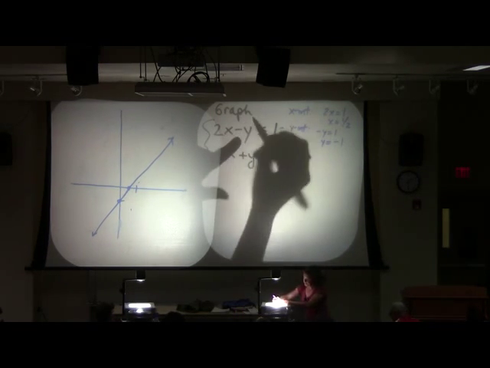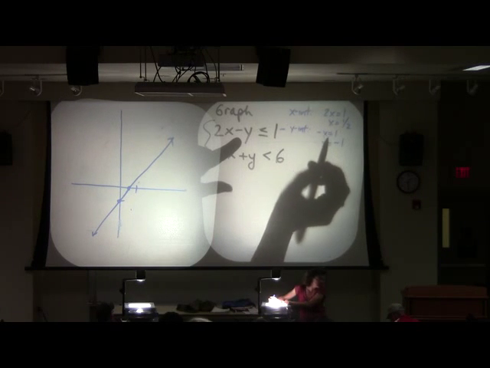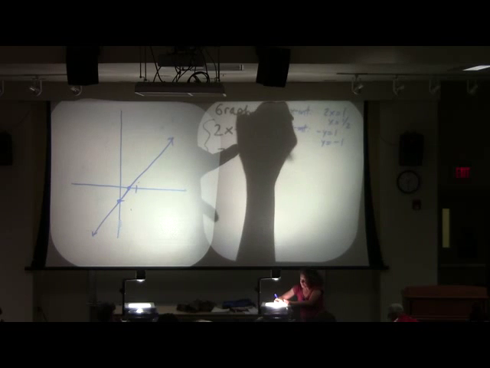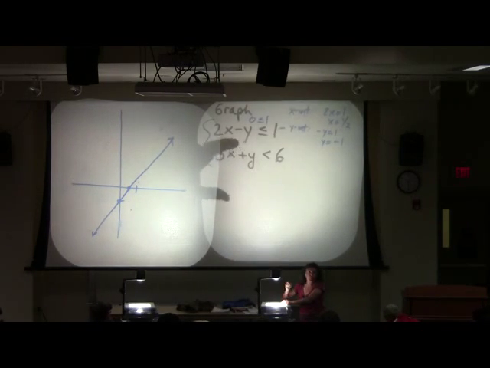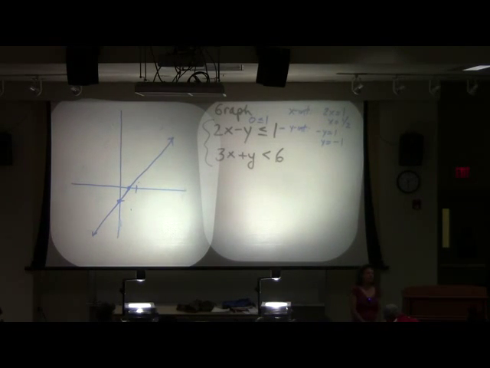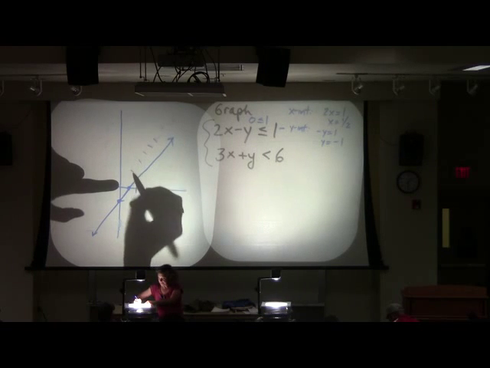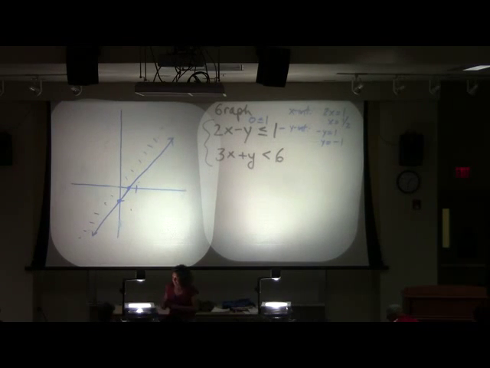I'm going to test 0, 0, as usual, if I can. Do you agree if I plug 0, 0 in here, I get 0 is less than or equal to 1? Is that a true statement? Yes. So, since that is a true statement, and 0, 0 lives right here, I'm going to shade on that side. See how mellow I was with my shading?